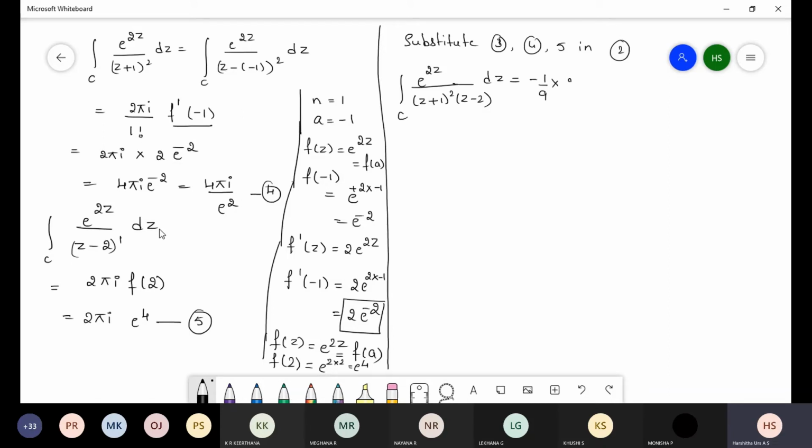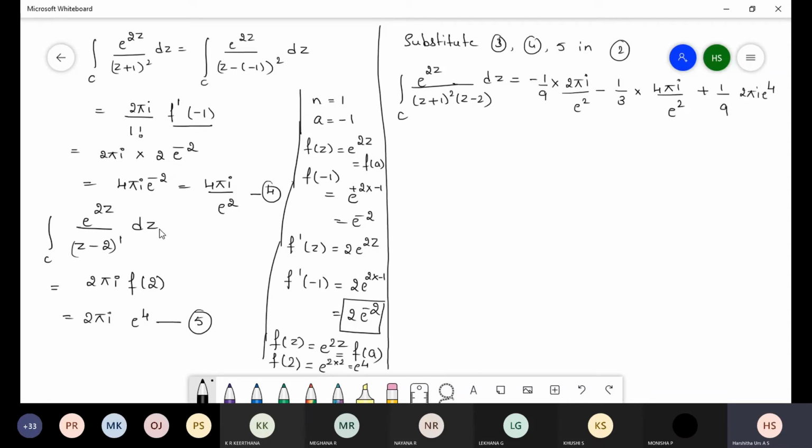Equation 2 is 2 pi I divided by e square. Next, again minus 1 by 3, equation 4 is 4 pi I divided by e power 2, plus c value 1 by 9 2 pi I into e power 4.